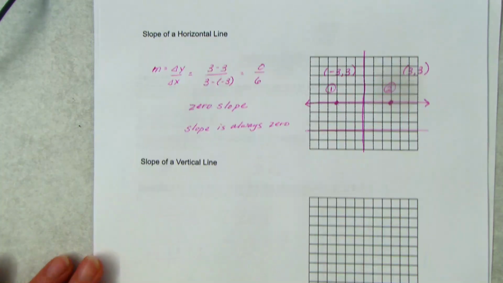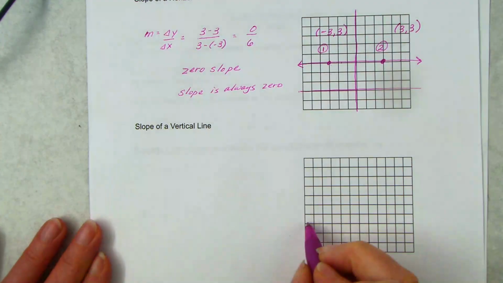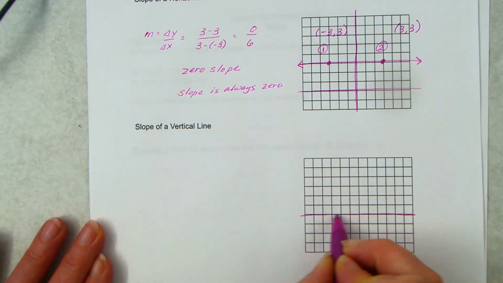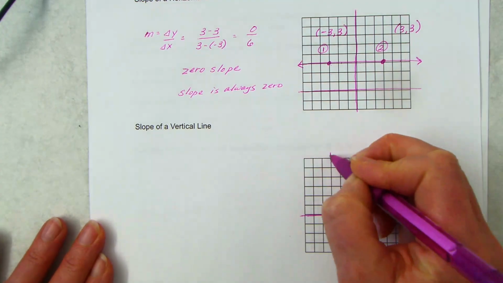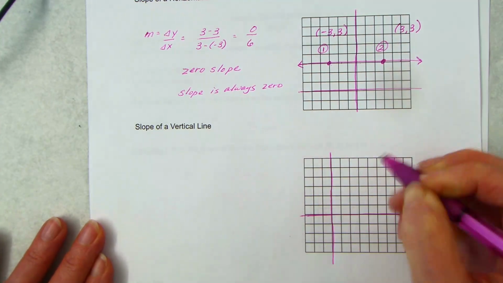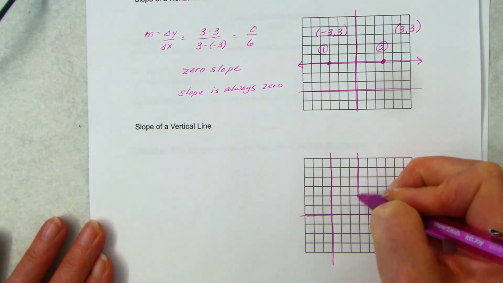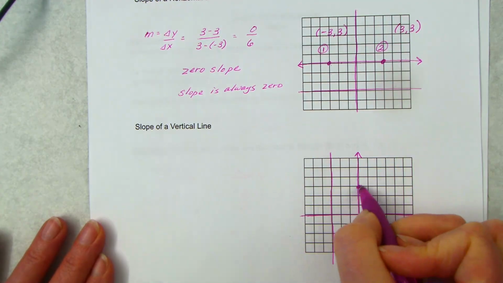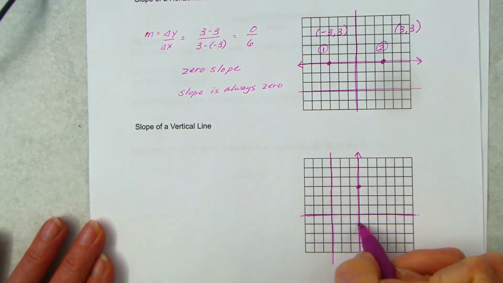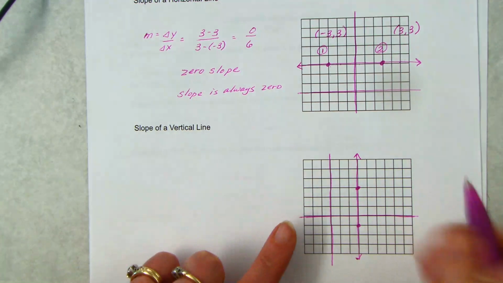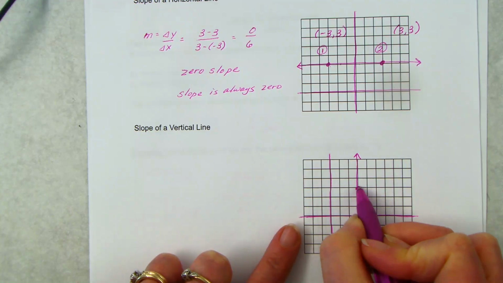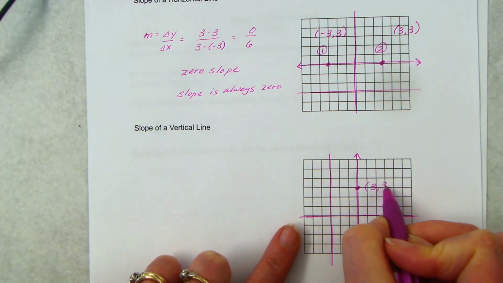Right? Let's contrast that with a vertical line. Also does not matter where you draw it. So let's draw a vertical line over here and pick a couple of points. All right. And so this point is going to be 1, 2, 3, 1, 2, 3. I picked the same point.